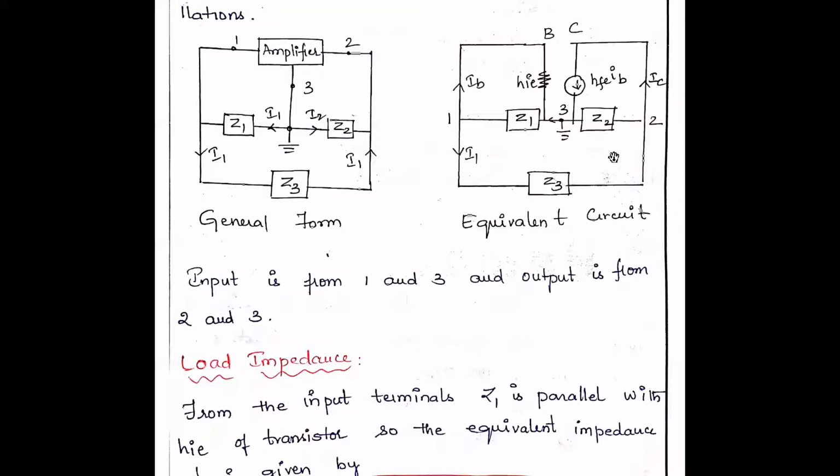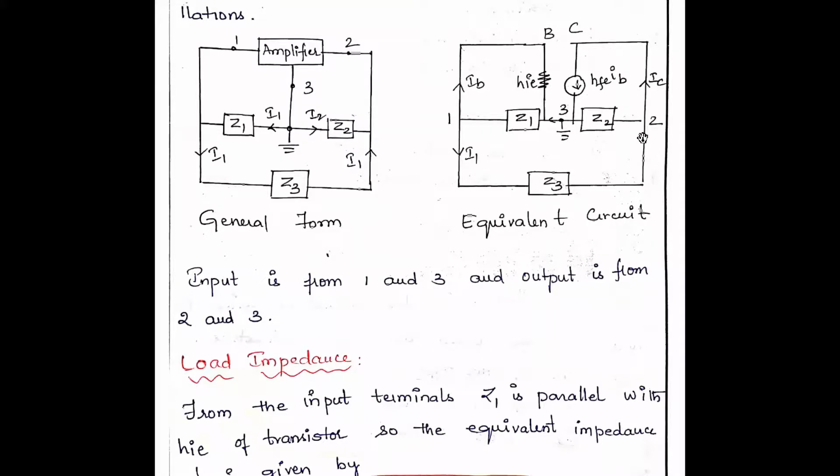See, from 3 to 2, the current flowing in anti-clockwise direction is I1. So the current flowing from 2 to 3 will be minus I1.